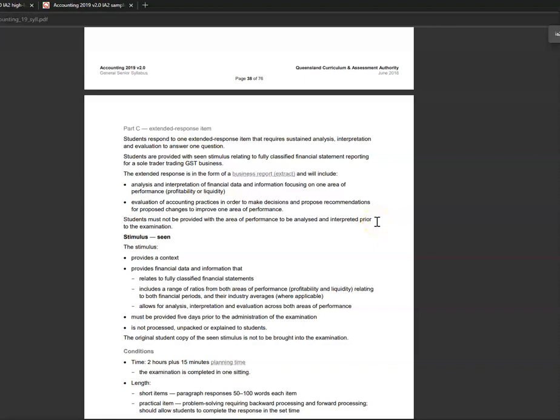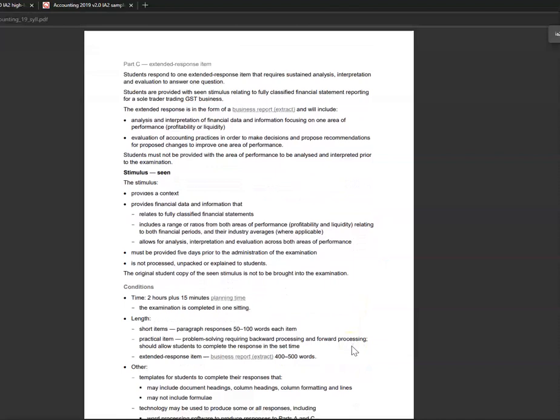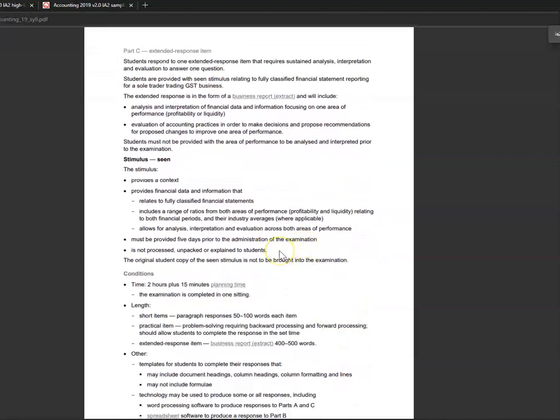You will not know whether it relates to profitability or liquidity prior to the exam. Your teacher will not be processing, unpacking or explaining that stimulus to you. And you will be given a fresh copy of the stimulus in the exam.